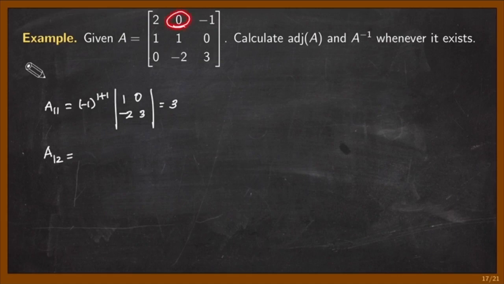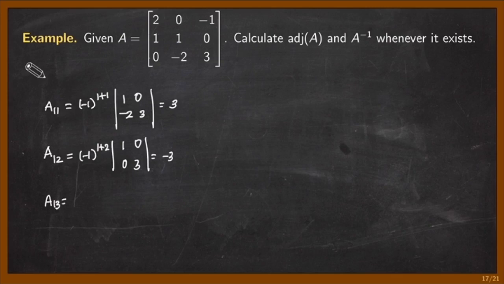The cofactor of the 1,2 entry was placed below the 1,1 cofactor, so that these are already arranged. A12 is negative 1 raised to 1 plus 2 times, eliminating this, we get 1, 0, 0, 3. So that's 3. 3 times negative 1, that's negative 3.